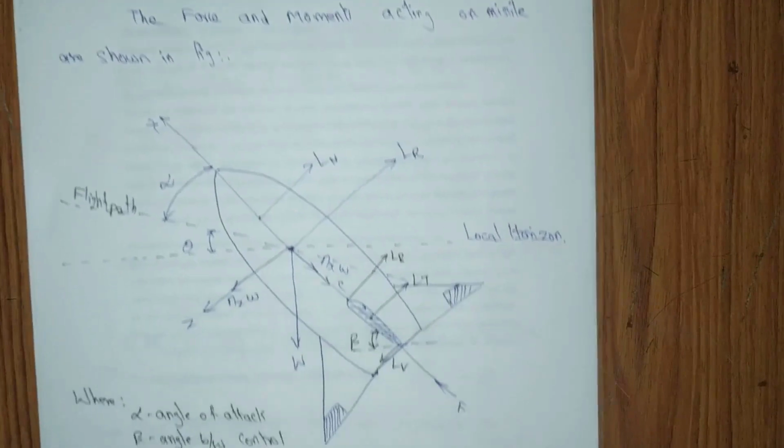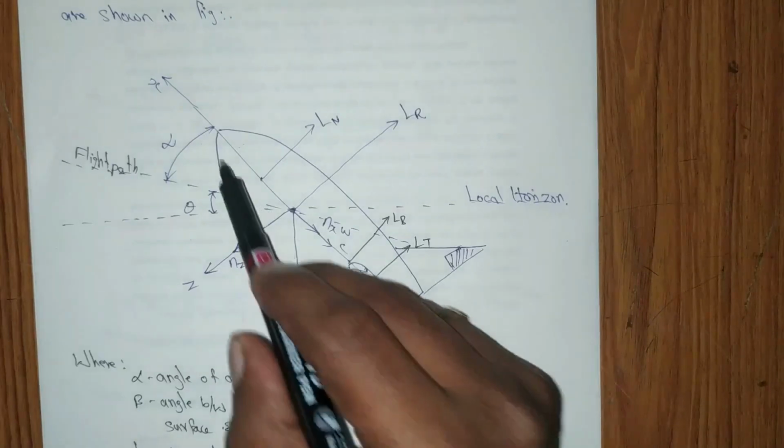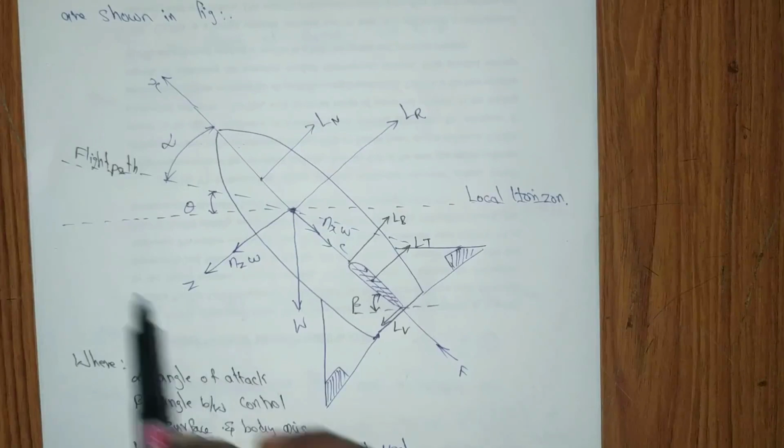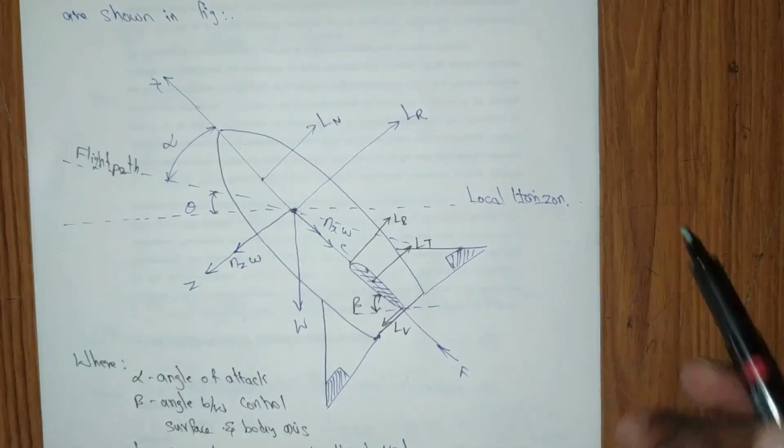So let us draw the schematic diagram of this missile, where the components of forces and moments act at various locations, right? So this is our missile body, and we are drawing a horizontal local horizon or reference line.